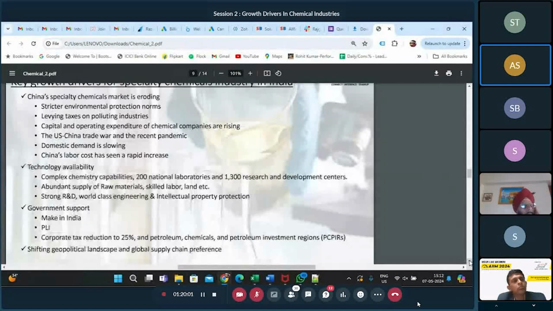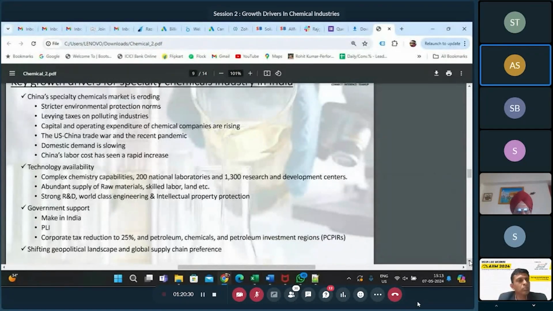The recent pandemic has also created that shift. Now a lot of startups want to shift that demand from China to India, developing alternate sources of raw material, which was earlier only being developed by China. So this is one key growth driver.